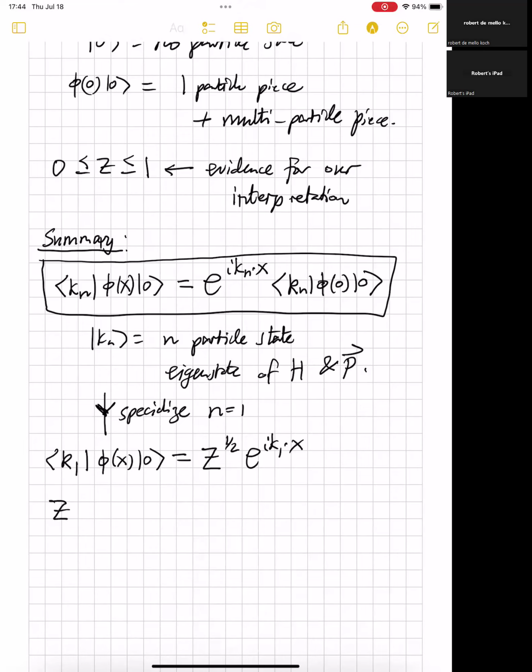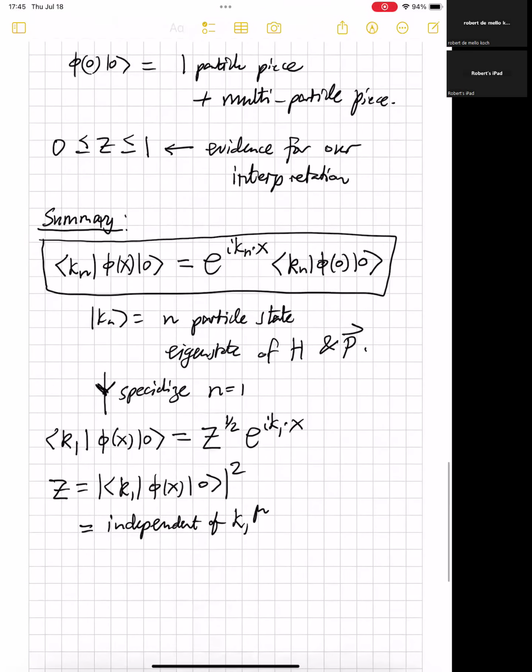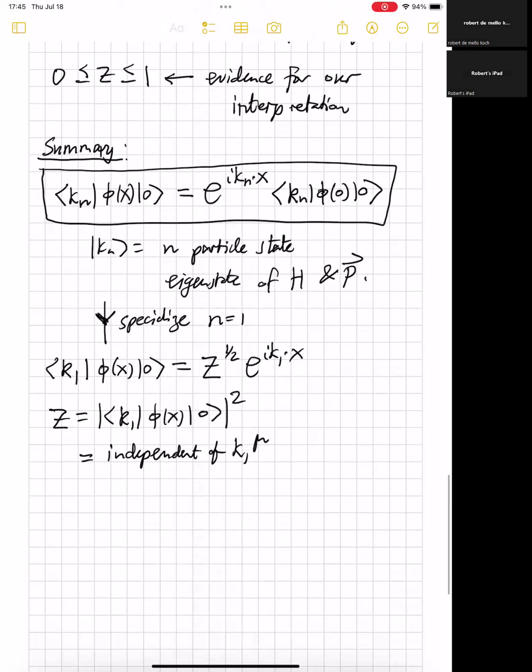And Z, of course, is the mod squared of this quantity, ⟨k_1|φ(0)|0⟩, squared. And this we've already shown is independent of k_1^μ, that four momentum. And we said that it's got a specific name. This is called the wave function renormalization.